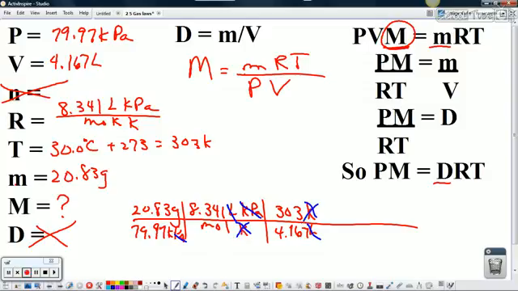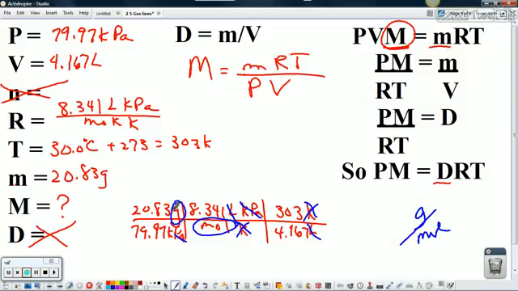Let me erase this again. I'd rather have my line too long than not long enough. So I have grams per mole left. And what unit does the capital M have? Grams per mole, because I have a mole down here and my gram up here.